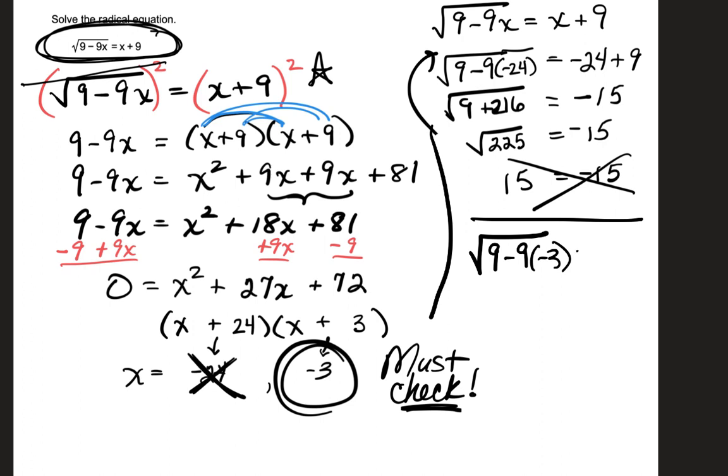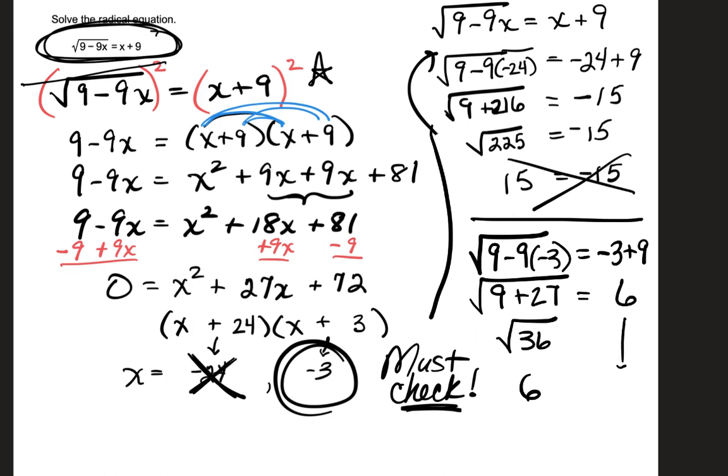Negative 3 equals, okay, what's that? 9 plus 27 is 36, which is 6. And over here, negative 3 plus 9 is 6. Okay with that? So both sides are equal, which is what you wanted, which confirms that negative 3 is my answer.